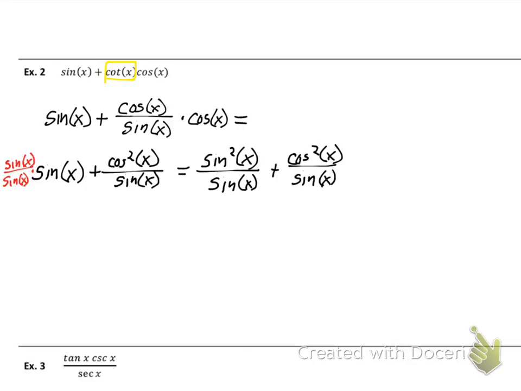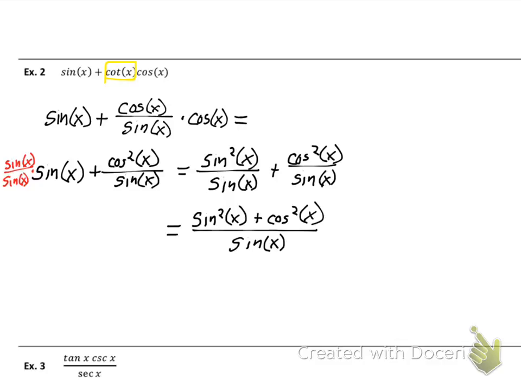Okay, so now we're going to combine them because they have the same denominator. So we'll have sine squared x plus cosine squared x all over sine of x. Not done though.